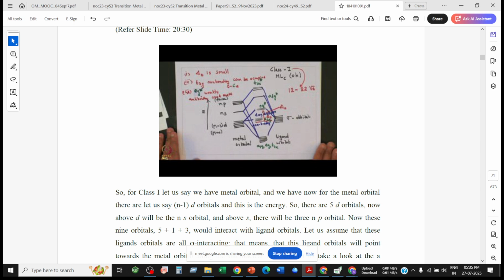Then 19, 20, 21 and 22 will be held in this Eg star, and after that the 23rd will go to the A1g star. But because of the higher energy, it is not possible to go to this higher energy level. That's why the complexes will have a maximum of 22 electrons.